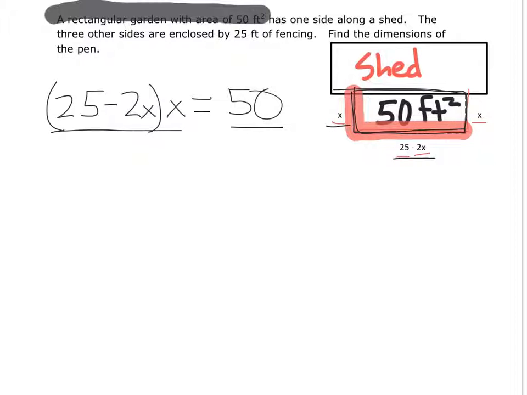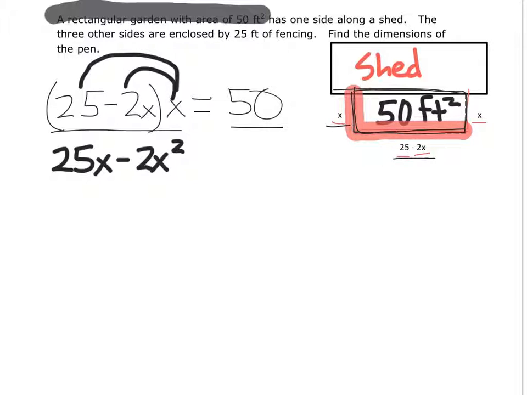Now we just need to set up another quadratic equation so we can use the quadratic formula here. So I'm going to distribute, and I get 25x minus 2x squared equals 50. Remember, to find the dimensions of the fence, I'm going to have to figure out x and substitute it there, and figure out x and substitute it in there. So I need to set this equation up so there is a 0 on one side.